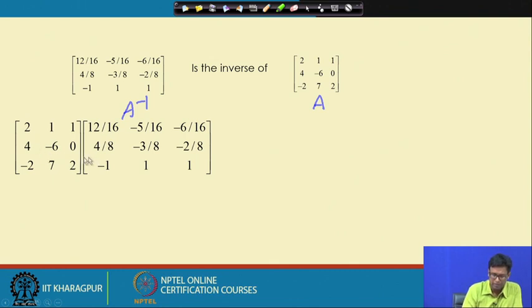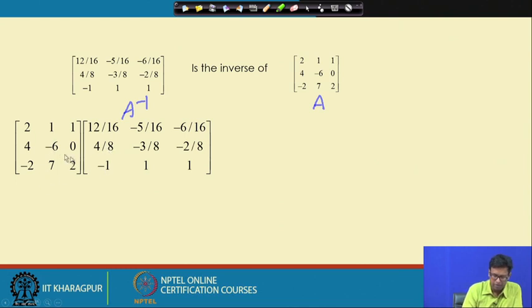And the second term, the first column second row term, will come as we multiply this particular row with this column. So, 48 by 16 minus 24 by 8 plus 0, and 48 by 16 minus 24 by 8 is 0.